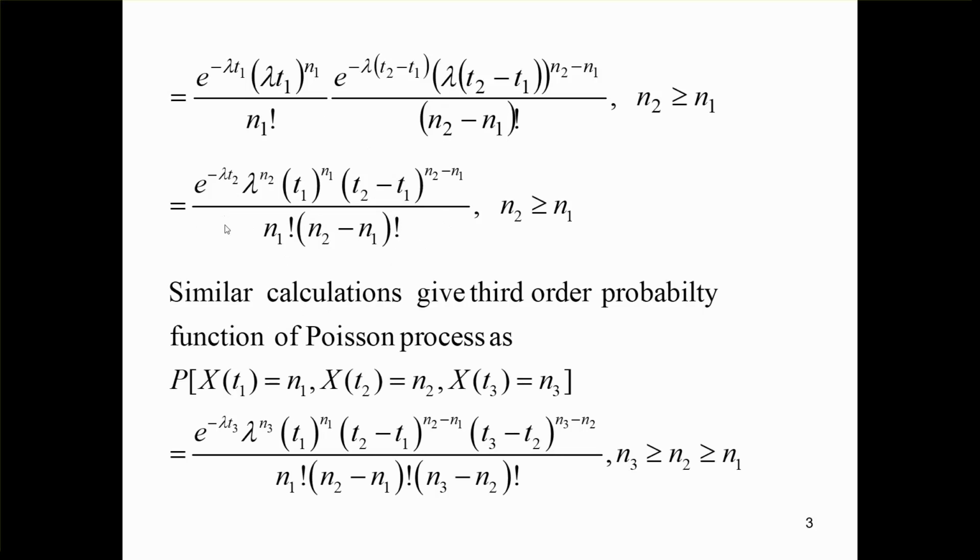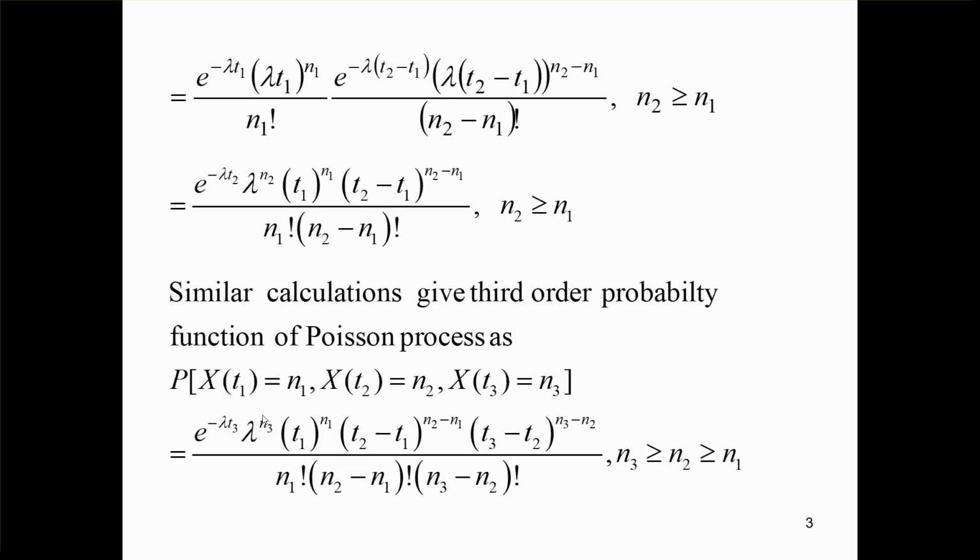Now we have to find out third order also, as we discussed in the starting of the proof. So this third order distribution you can generalize from this thing. Just look carefully at how we can generalize this. This was T2, so it will be T3 now, right? E raised power minus lambda T3.